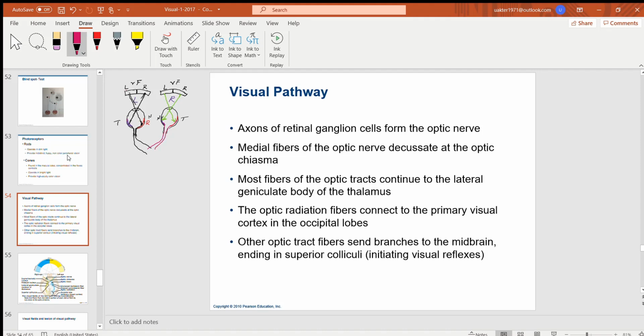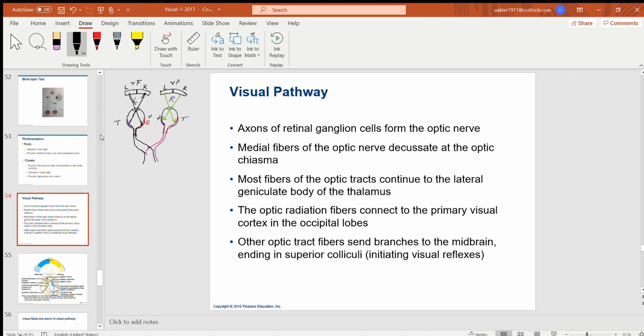Make sense? So this one will stay in the same side, this one will cross, will go to the opposite side, and also this one will cross, right, and will go to the opposite side, and this one will stay in the same side.